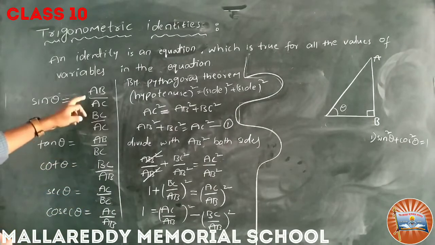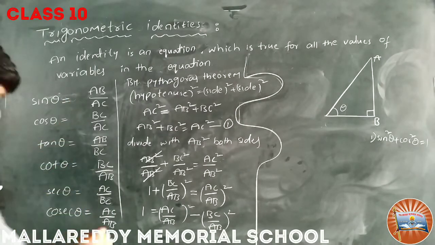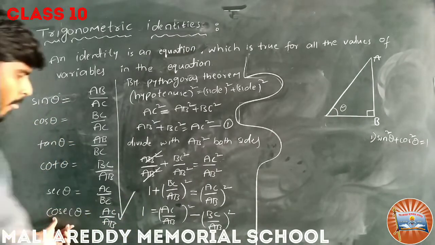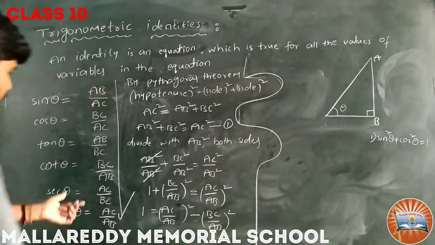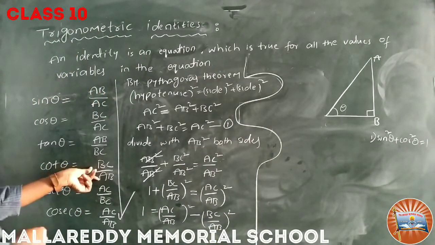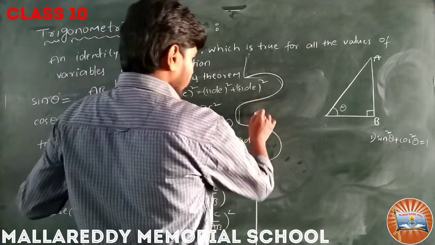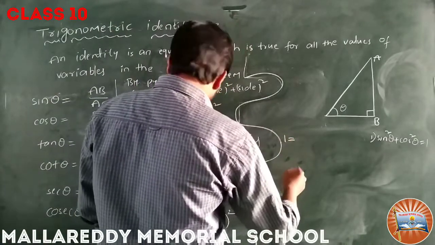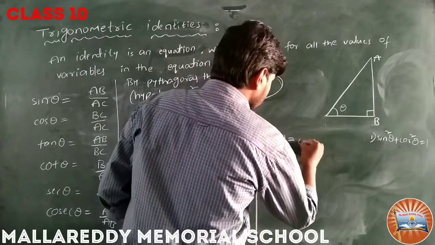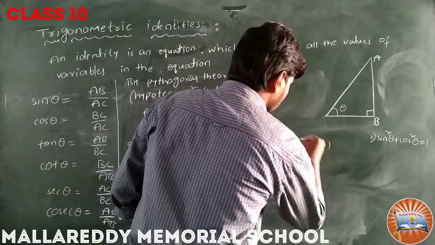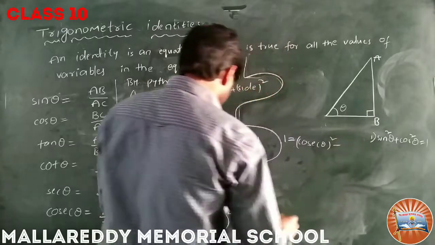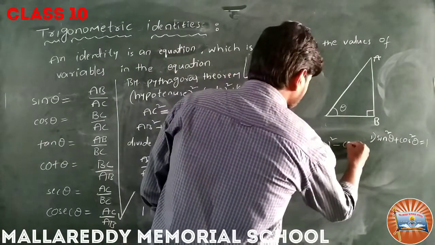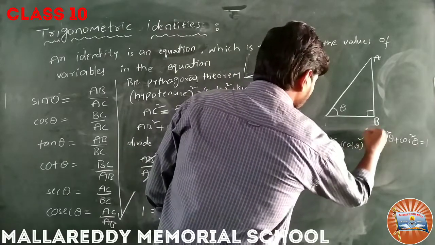Here it is. AC by AB is nothing but cosec theta. Next, BC by AB is nothing but cot theta. We can write here 1 equals cosec theta whole square minus cot theta whole square.